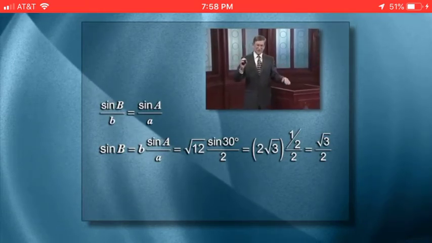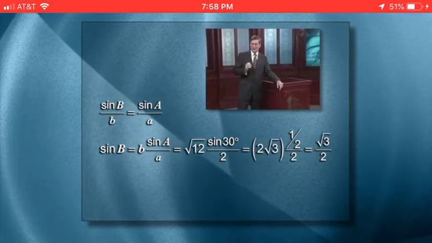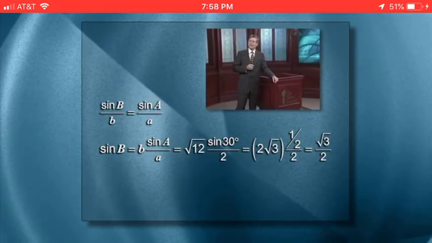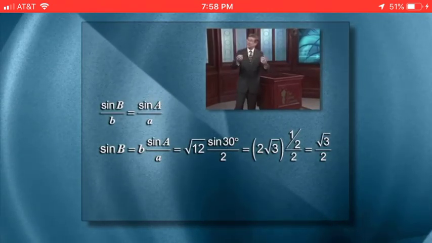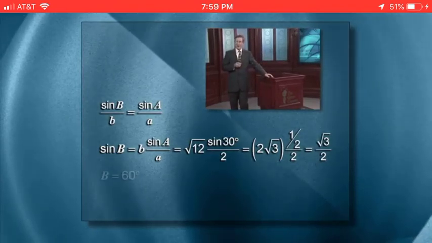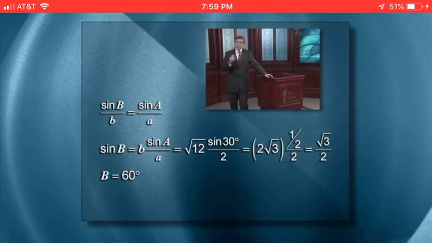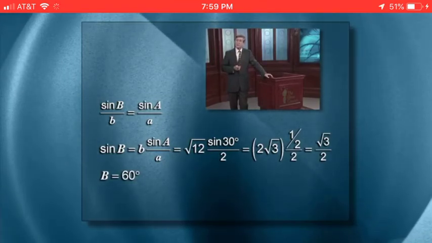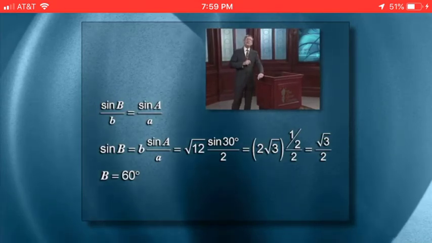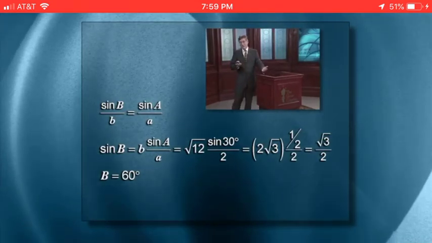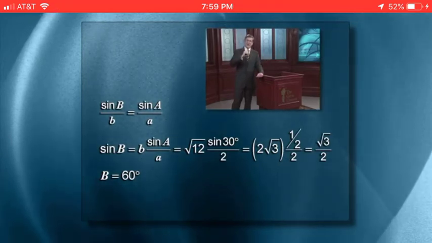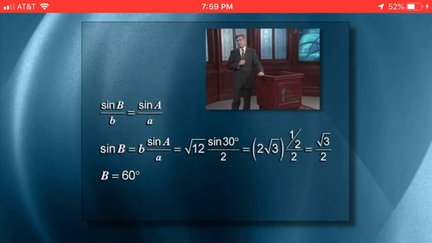Let's go back to some fundamentals. Can you think of an angle whose sine is square root of 3 over 2? And again, this is one where we know the exact values. Right, 60 degrees. The sine of 60 is the square root of 3 over 2. Bonus question. Can you find a second angle less than 180 degrees? Because we're talking about a triangle here.